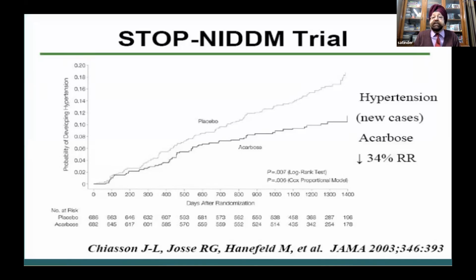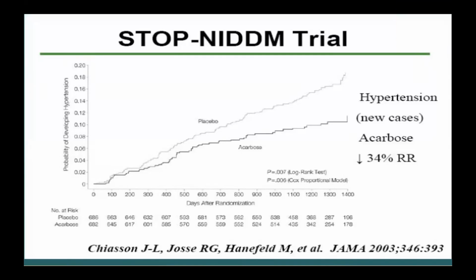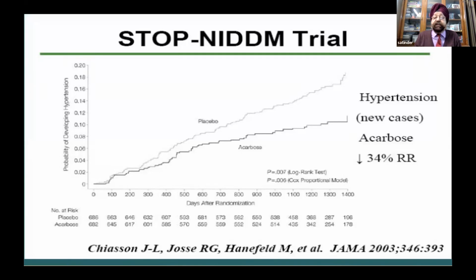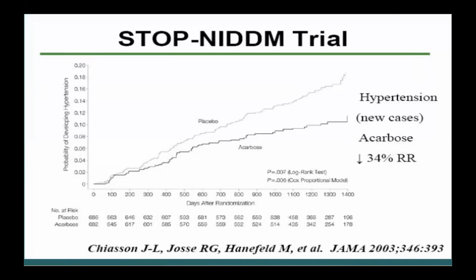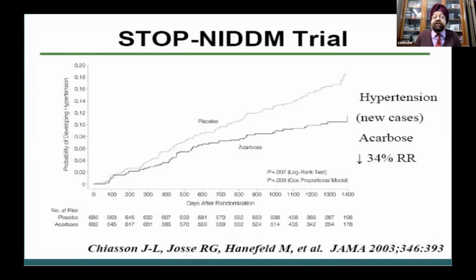It blocks the enzyme, so disaccharides and polysaccharides are not broken into monosaccharides, and the absorption of glucose is decreased. So this practically makes the situation like a low GI situation.